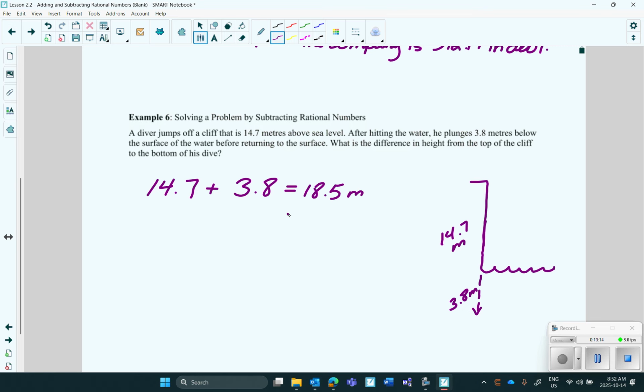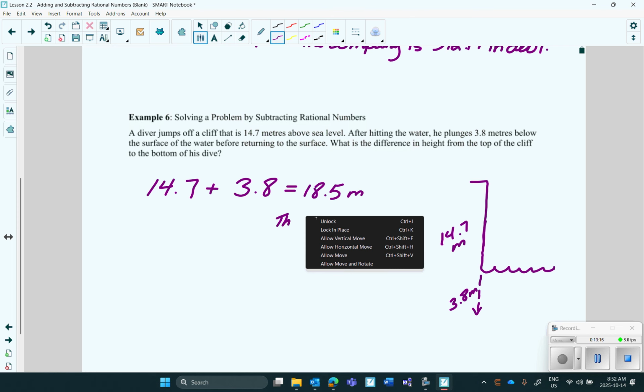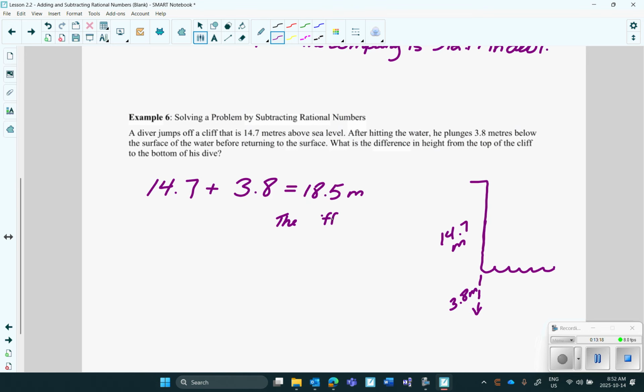So we would just say the difference is 18.5 meters. Another way you could write it using rational numbers: to find the difference between something, difference means what operation? When you find the difference, subtract.